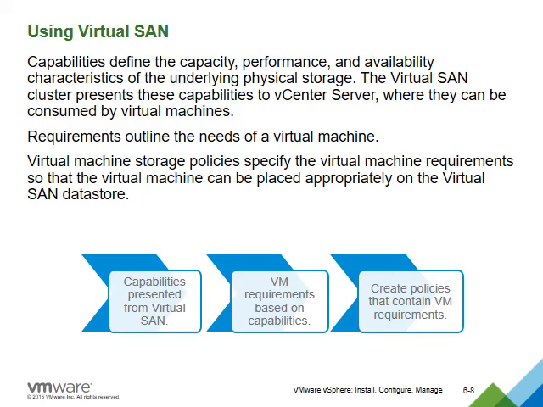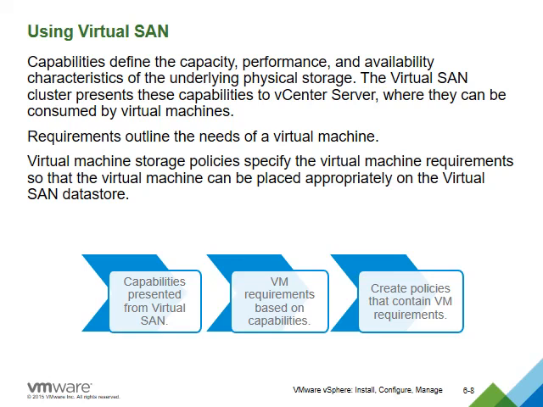Using virtual SAN. After you enable virtual SAN on a cluster, a single virtual SAN data store is created. This data store appears as any other type of data store on the list of data stores that might be available, including virtual volume, VMFS, and NFS. A single virtual SAN data store can provide different service levels for each virtual machine or each virtual disk.